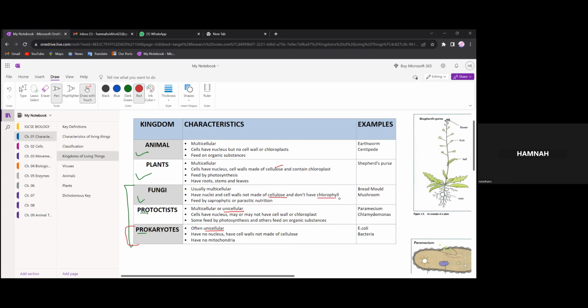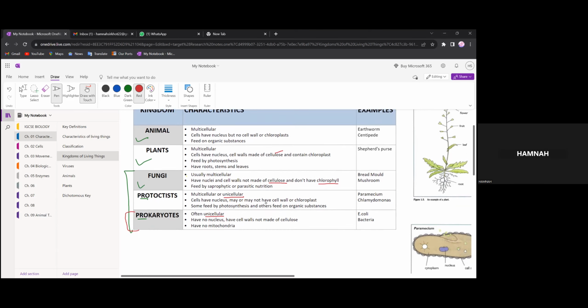Chlorophyll gives the green color and is used in photosynthesis, and photosynthesis only happens in plants. So fungi don't have cellulose and they don't have chlorophyll.